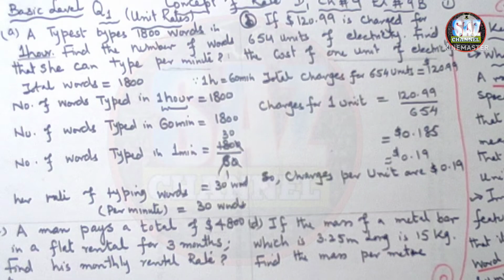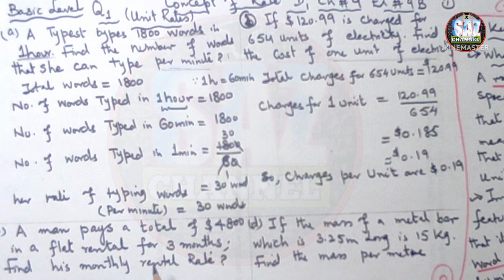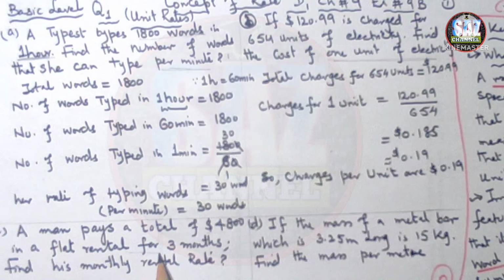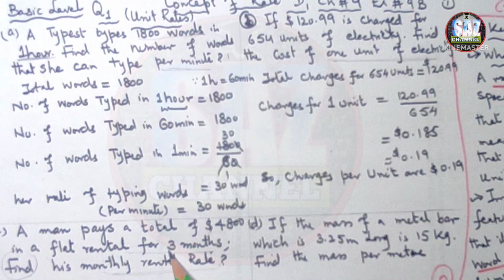What we are getting from the question is how much amount he is giving for 3 months for the rent of his flat, and we have to find the amount that he has to pay for 1 month.